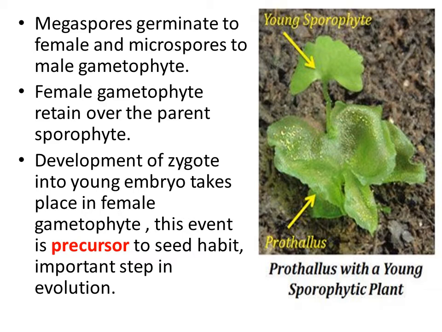So it is a very important step in evolution. Although in pteridophytes seeds are not formed, and spores are formed, this step, the development of the zygote into the young embryo inside the female gametophyte, is the precursor to seed habit. That means in the next group we will find the seeds. The seeds will start forming. So this is a very important step.